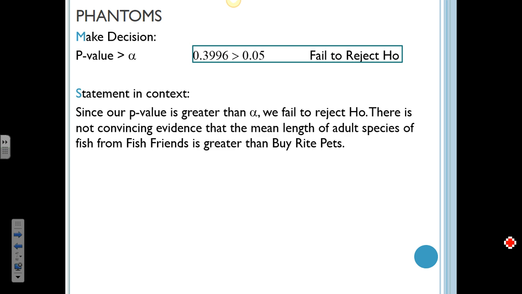There is not convincing evidence that the mean length of adult species of fish from Fish Friends is greater than that of Buy Right Pets. So when we compared the two stores, we thought there was a difference in the species because one mean was higher than the other. That claim turned out to be false. Seems to be just natural variation within the fish lengths, according to that species.